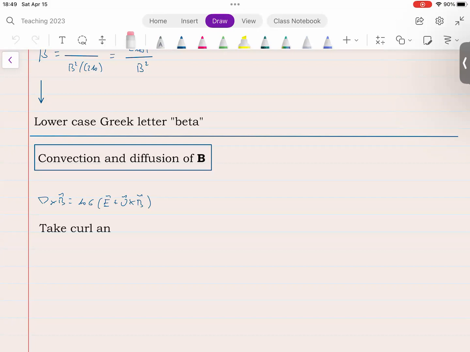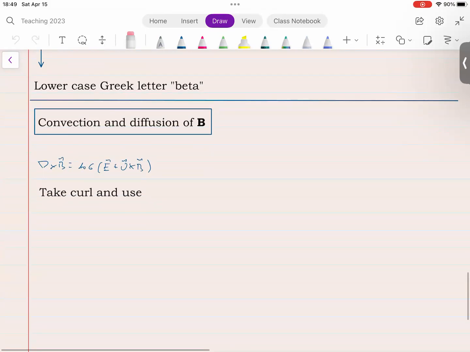I'm going to take the curl and use the vector identity, actually it's not the one we used before, take it back, a different one.